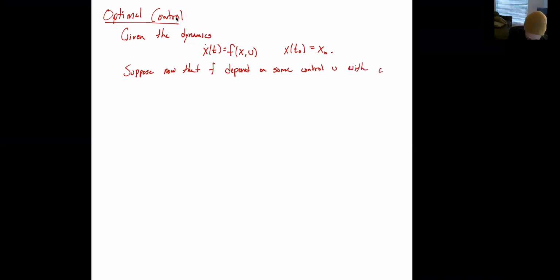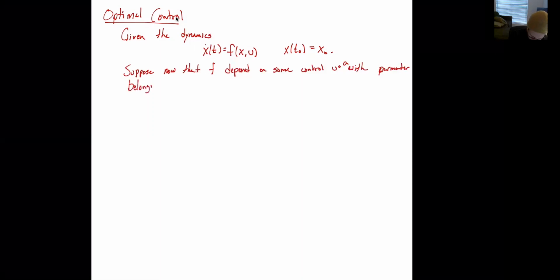So we want this to be equal to some value a with parameters included in some set A, which is a subset of Rm.